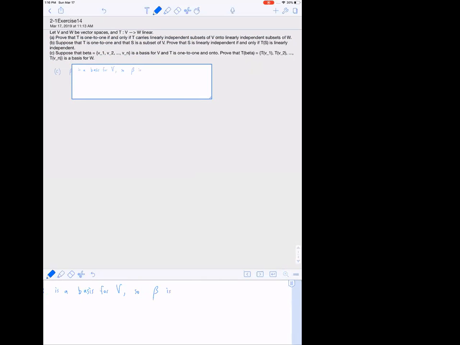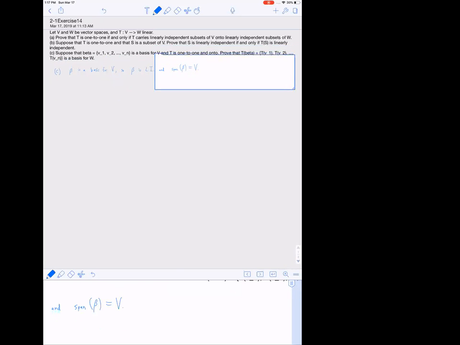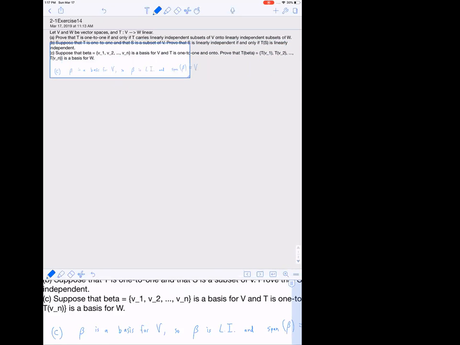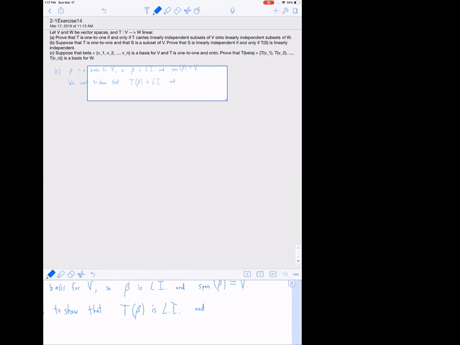We know that beta is linearly independent, and we know that the span of beta is equal to all of V. We'd like to show the same kind of thing for T of beta, namely that T of beta is linearly independent and that the span of T of beta is equal to all of W.